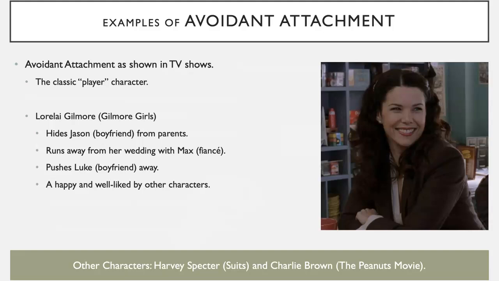She ends up running away from her wedding with her fiance Max, and she ends up pushing Luke away when things get serious. Lorelai is a happy character in the show. She is well-liked, has lots of friends, but in different relationships, she tends to get closed off and never gets married. Other characters that show this are Harvey Specter from Suits and Charlie Brown.